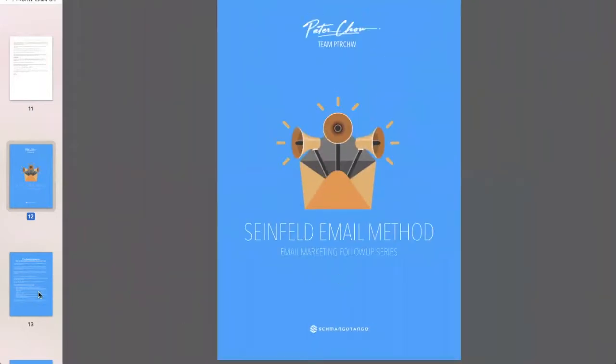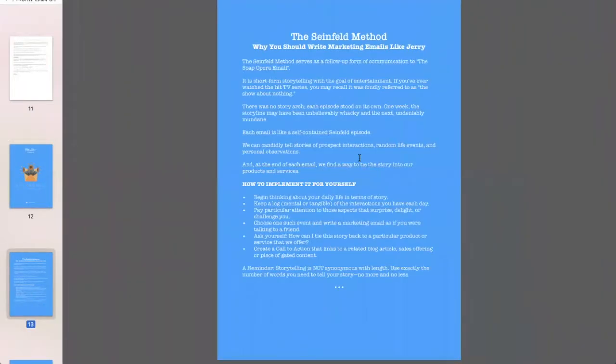All right, the Seinfeld method is basically the rest of the other follow-up series. You can do a 30-day series or 60-day series or a 90-day series, whatever it is. So Seinfeld, if you remember the sitcom, one of the most popular sitcoms back in the day, is a show about nothing, okay?